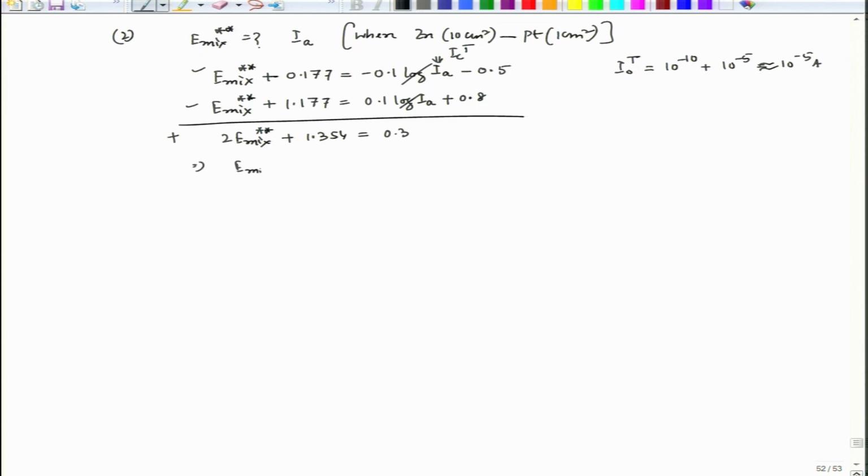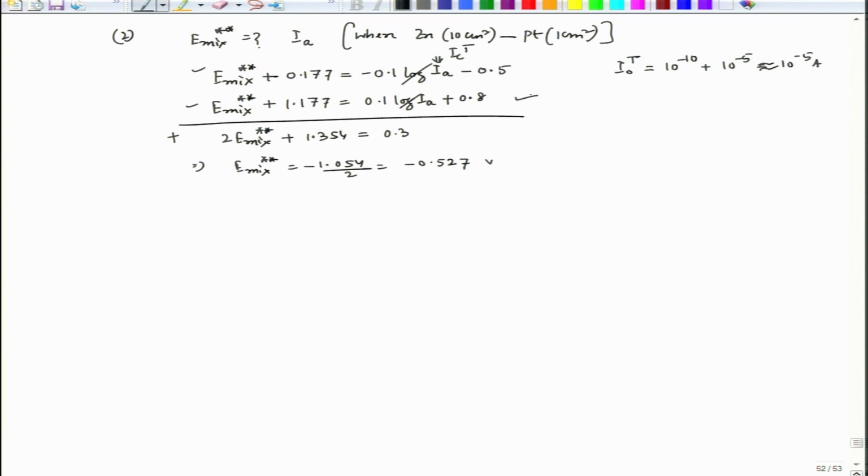So, E mix double star equal to minus 0.54 by 2, equal to minus 0.527. So, this is the E mix value.